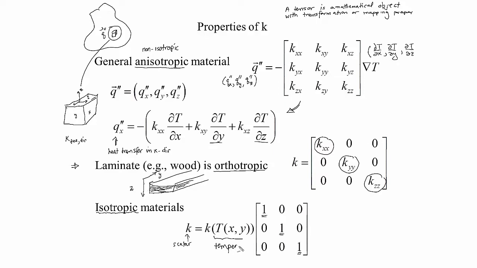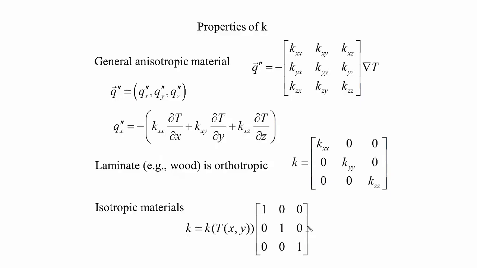So being a function of the temperature doesn't say anything about the directional properties. It simply says that at different points, it has different values. That's a very different issue from saying at the same point, depending on which direction I look, it has a different value. Okay, so make sure that that's clear.